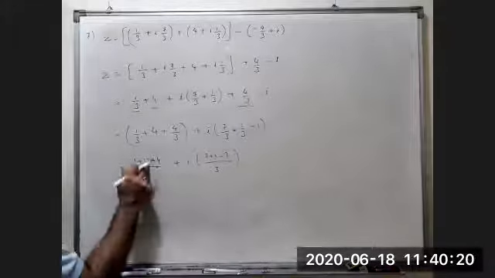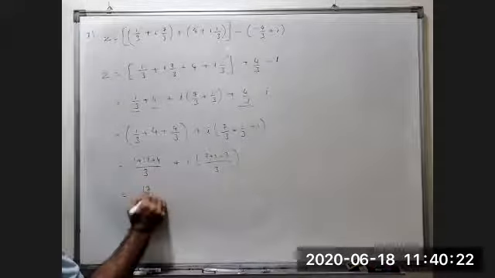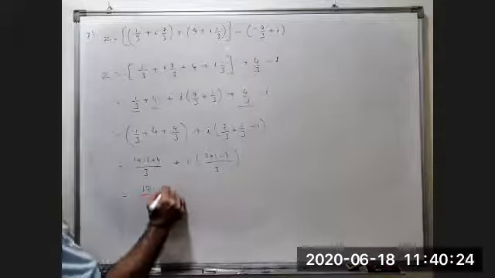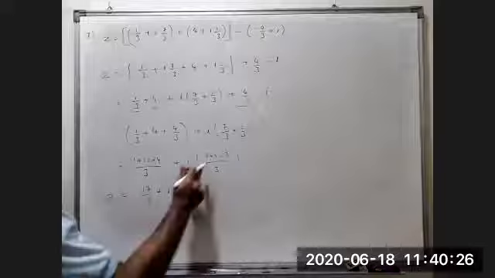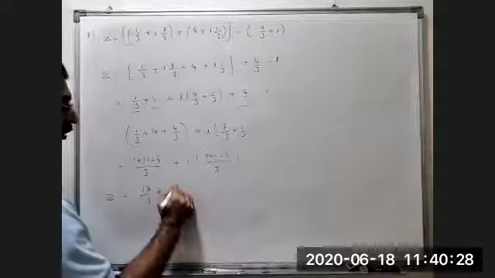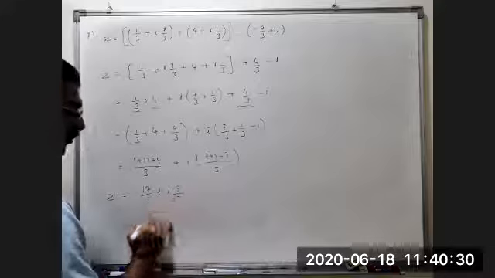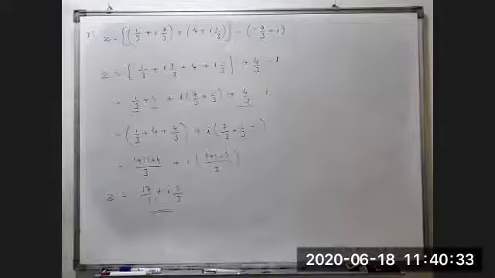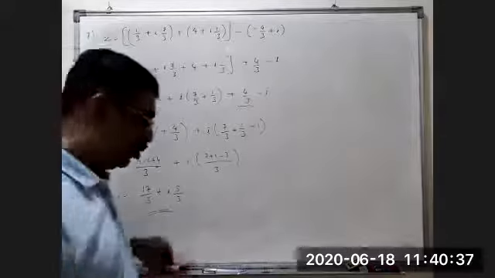This is 17 by 3 plus i into 7 plus 1, 8 minus 3, 5 by 3. That's it, 17 by 3. Normal simplification.